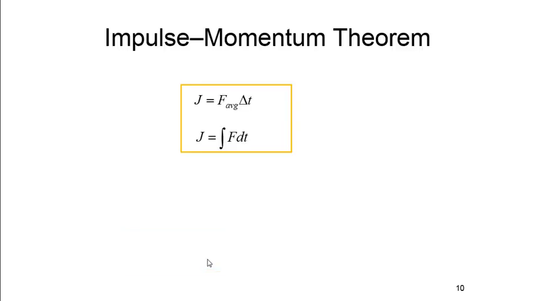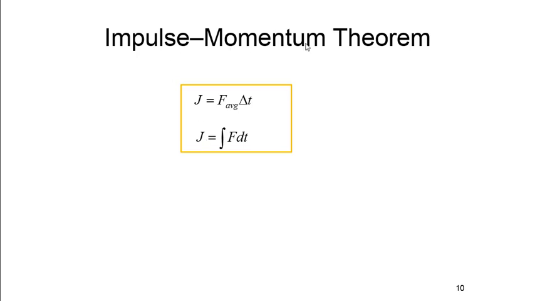So now that we have our definition of impulse, I'm just showing you two different ways to calculate impulse. One is if you know what the average force is and how long it's acting on our object. The other is if you're given a graph of force versus time, or if you know the force as a function of time. These are just the two different ways to figure out impulse.